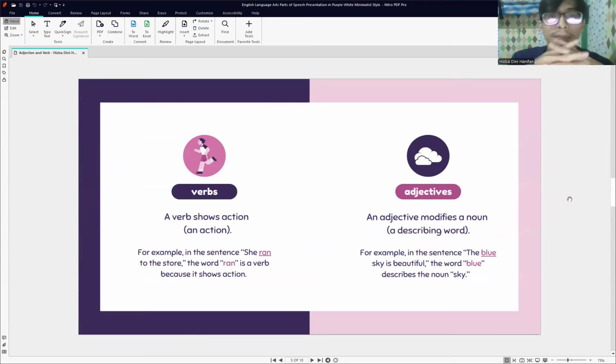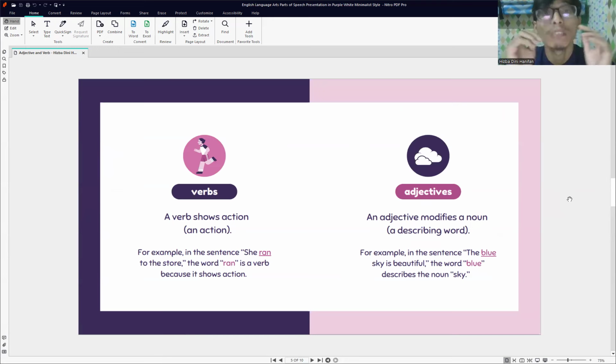Take a good look at the slide. We discuss verbs and adjectives. By the definition your friend mentioned earlier, a verb shows action. Take a good look at the example: she ran to the store.